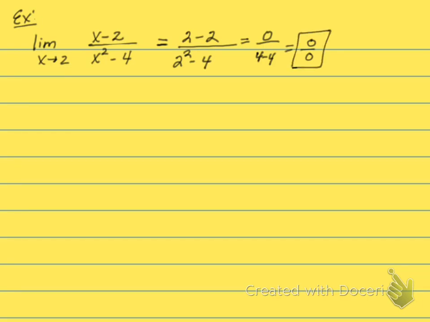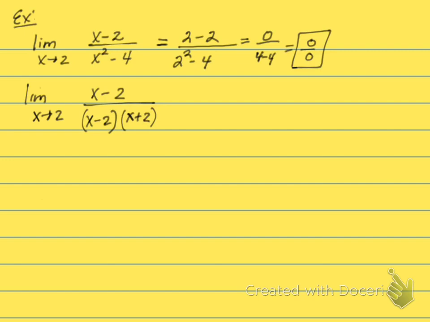So back when we were doing limits, we didn't know anything about L'Hopital's rule. So we used what we call the factoring method. So we made sure that the terms in our expression were factored. So we have the limit as x approaches 2 of x minus 2 over x minus 2 times x plus 2. Remember, x squared minus 4 is the difference of squares.